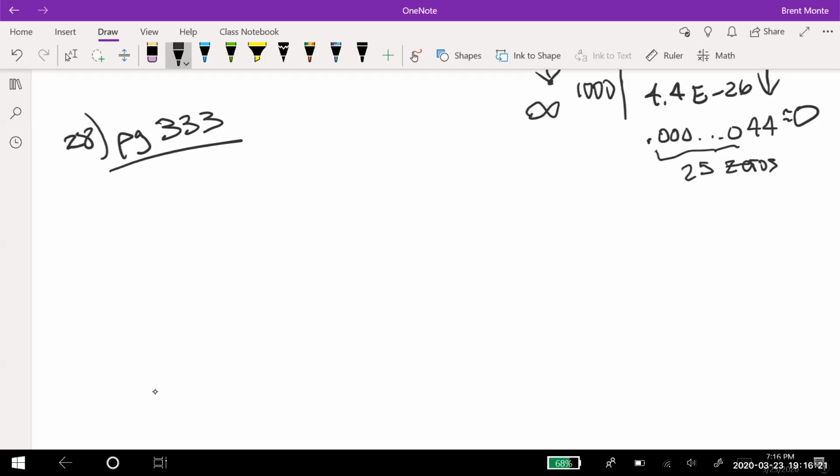All right, so let's see. I said it's problem 28. That is not the problem I wanted to do. Problem 42. Let's change this to a 42. This one is very similar to 43.